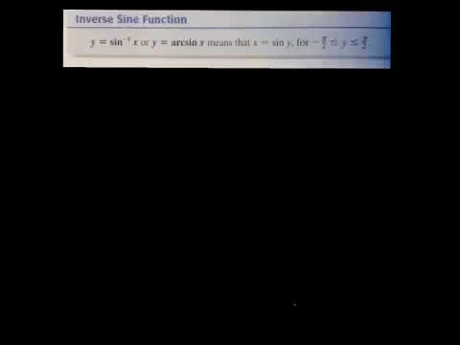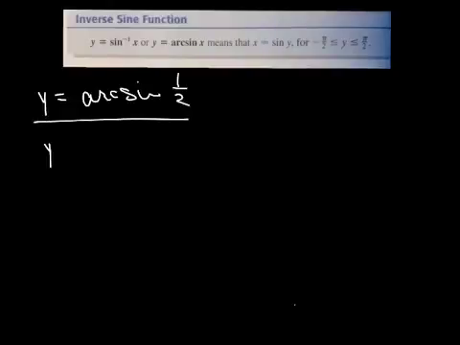So if they give you, like example 1, y equals the arc sine of 1/2. Alright, what we're going to do is we're just going to rewrite this. You could write y equals sine -1 of 1/2.